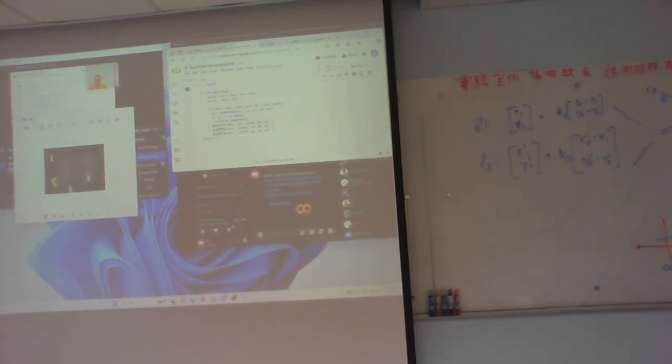Then C2 is the next quadrant, which is CY, CX, CY plus new height, CX.